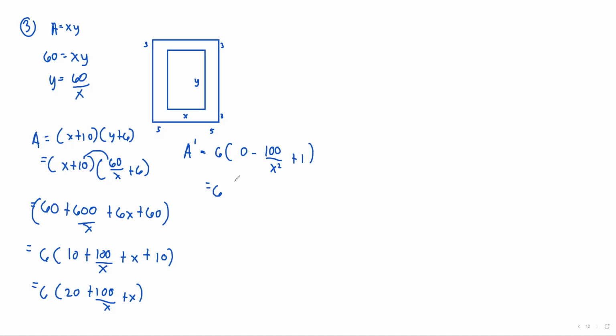Or 6, 1 minus 100 over X squared. So ayan na yung ano natin. Yan na yung working equation natin. Technically, equals to 0 pa rin naman yan.